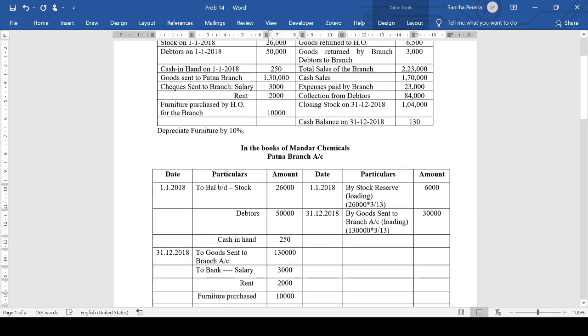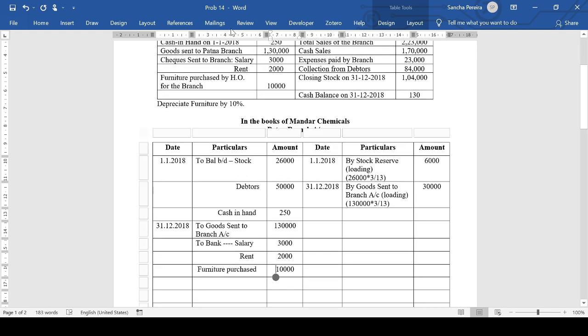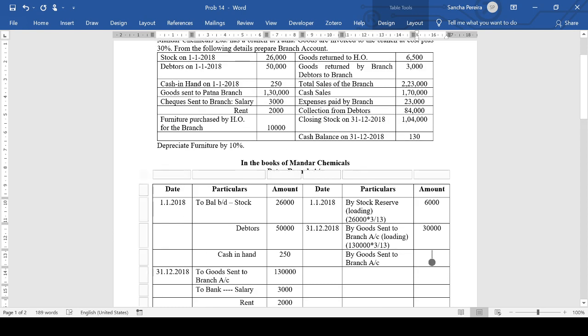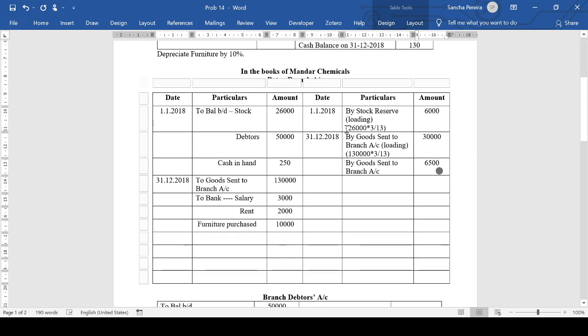Goods returned to head office, so the branch is sending goods back to the head office. By goods sent to branch account, and they're returning 6,500. Okay, so we need to calculate loading on this also.